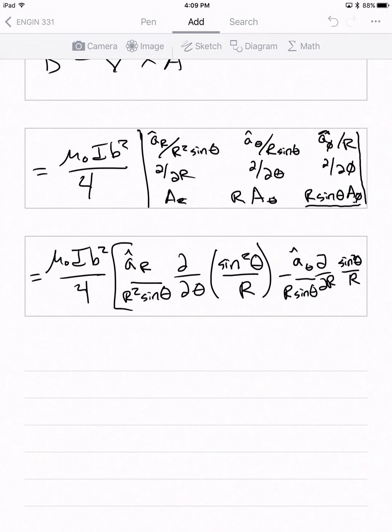All right, because sine squared theta over r is the part of A that is not made of constants, so that's what we're dealing with right now.